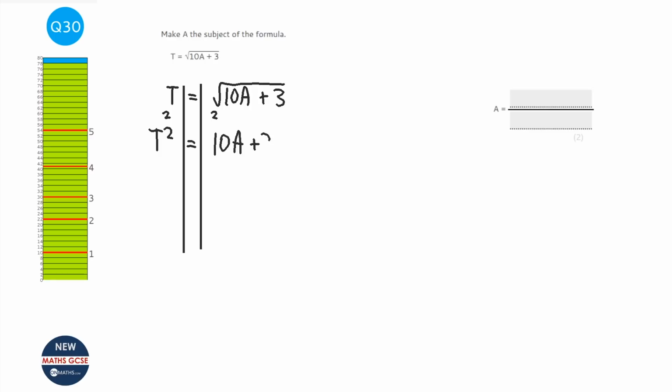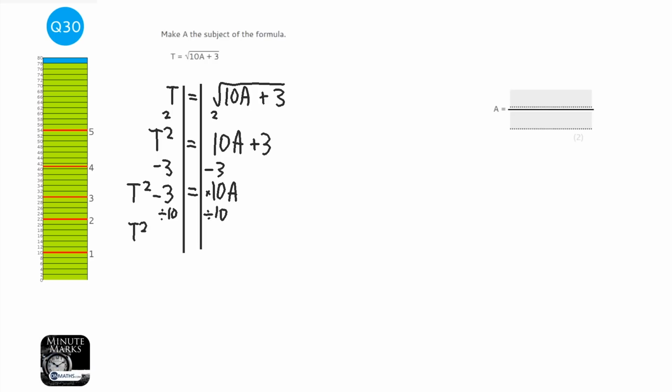Okay, next I need to get rid of that 3, so I'm going to take away 3 from both sides. So we've got t squared minus 3 equals 10a. Then I'm going to get rid of that 10. Now that's a times 10 there, so I need to divide both sides by 10. Now I could divide the t squared by 10 and the 3 by 10, or I can just write it as a fraction, which is a lot easier.